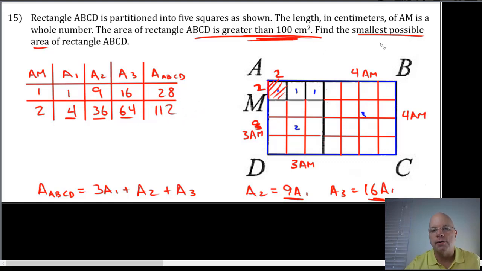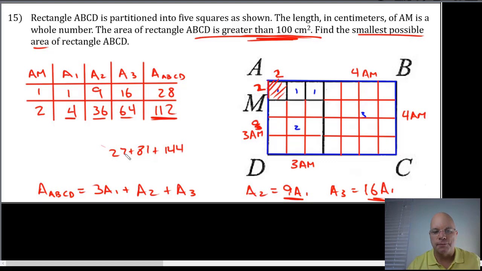So that's greater than 100, and I could make AM any whole number, and any whole number 2 or larger will give me an area for the big rectangle that's greater than 100, but the smallest possible area would be this first one that we found. In other words, if I went up to 3, I think I would have 27 plus 81 plus 144.